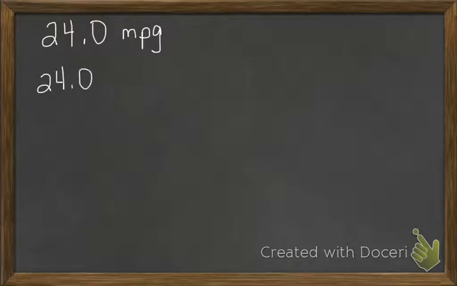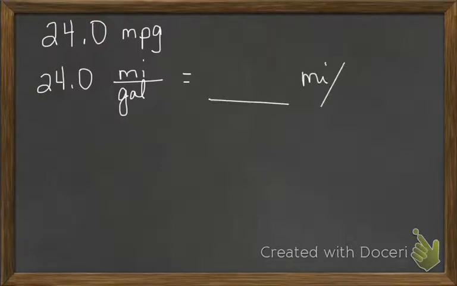Okay, let's say you have a vehicle that gets 24.0 miles per gallon. That's MPG. Y'all know that that's the same thing as 24.0 miles over gallons. Let's convert that to miles per liter.